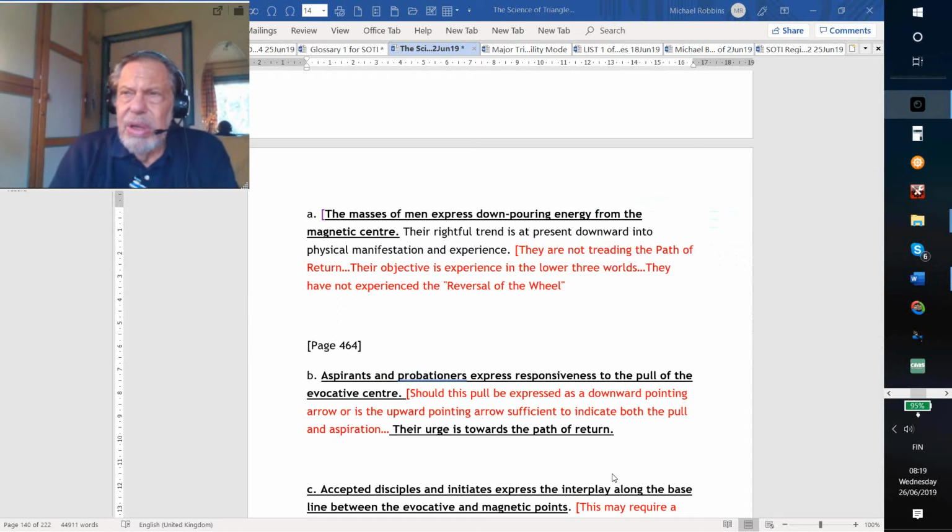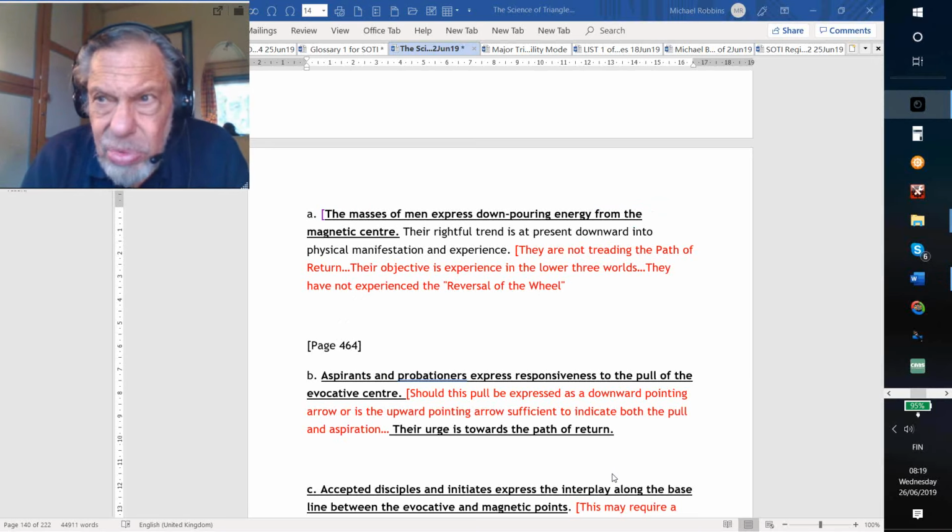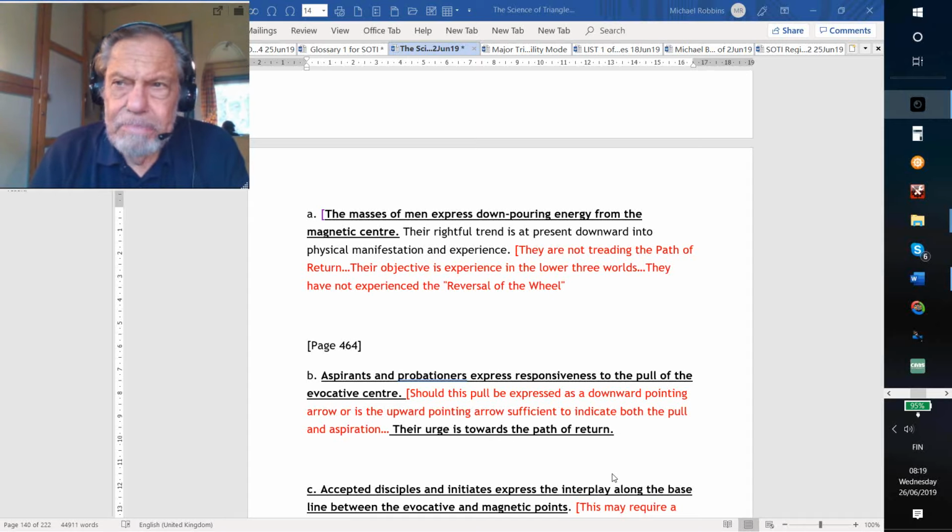And the person on the path of return says, well, you're going to have to return. Why don't you just turn around and return? But the reversal of the wheel occurring in the change of energy direction, which accompanies the opening of the fifth petal, has not really occurred yet. So we can't pretend like it has occurred.